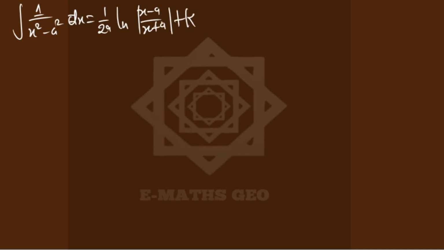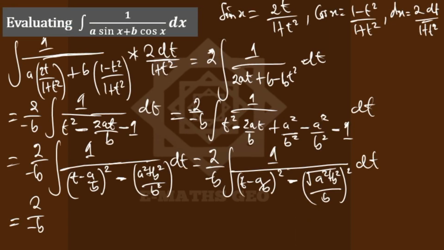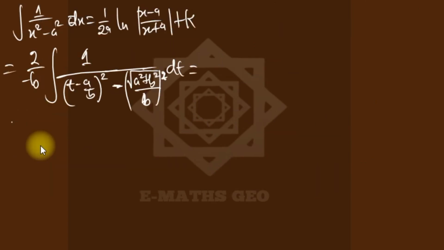This is a special form of integral. So the integral of this is now of this form. Check, our x is now t minus a over b, and our a is the square root of a squared plus b squared over b.